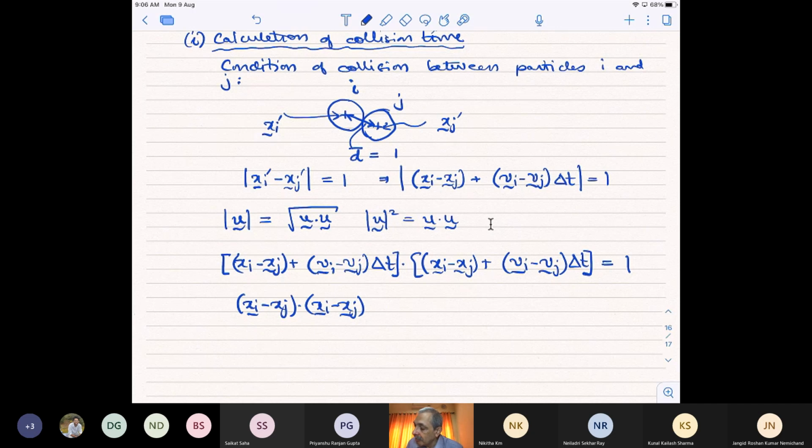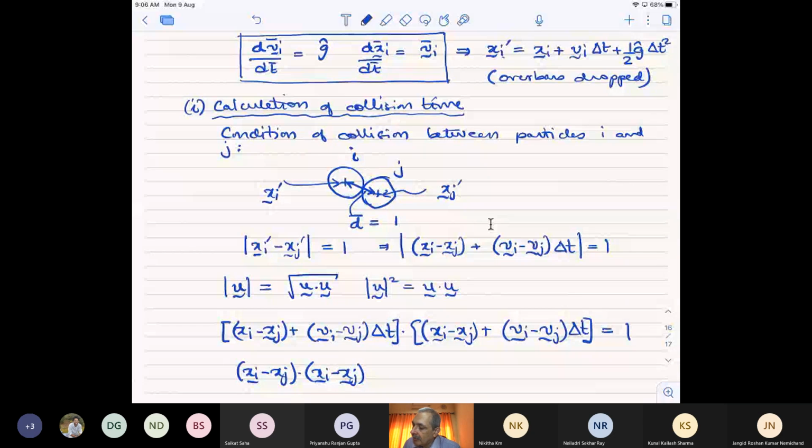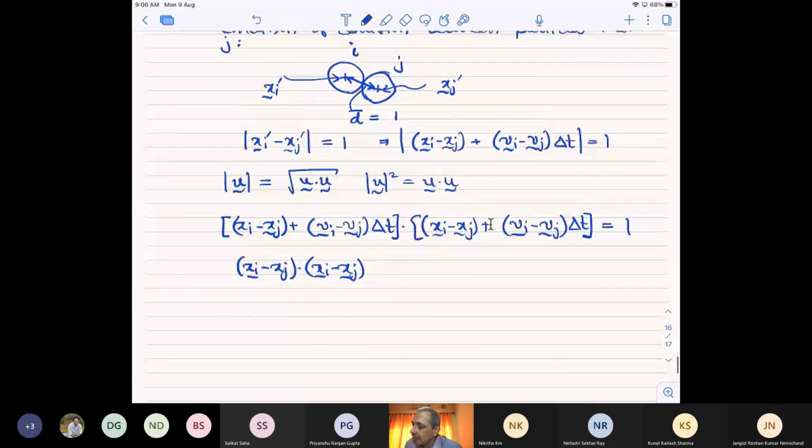Remember, this is the initial position. The position after delta t is equal to 1, but the initial position could be anything. They were far away, and now they are colliding after a certain time. So this is not equal to 1.